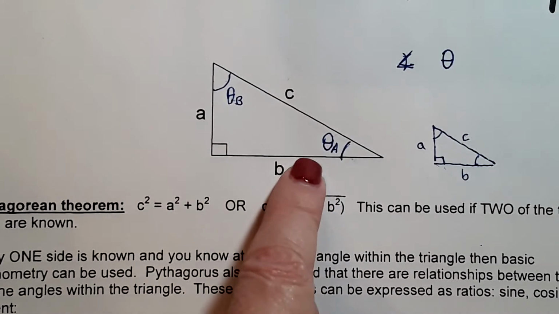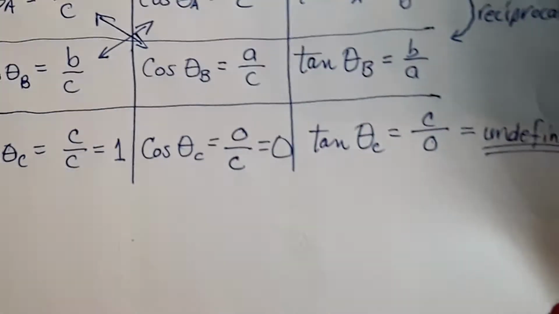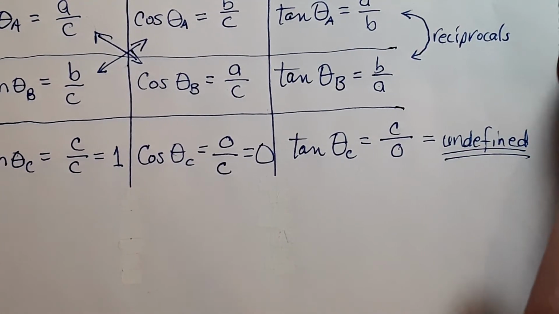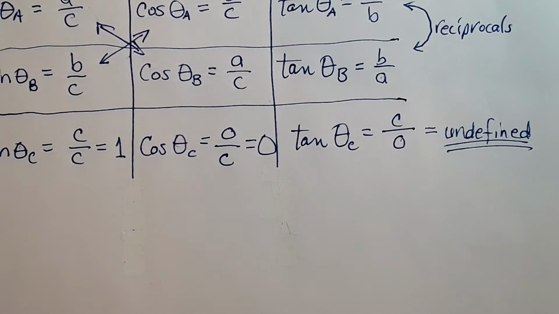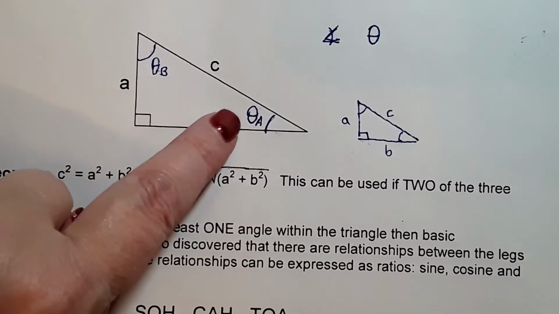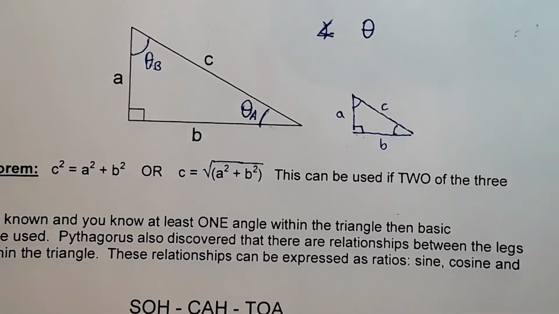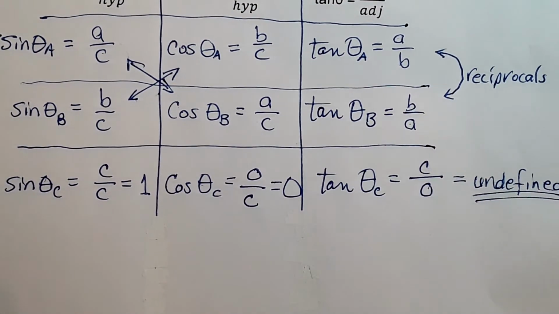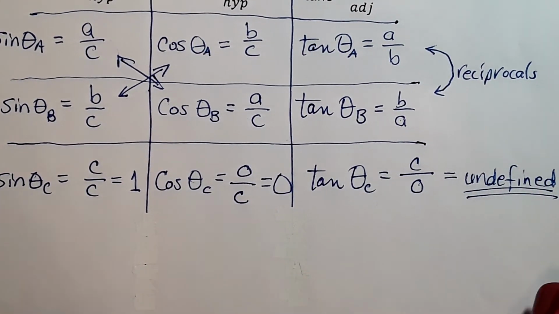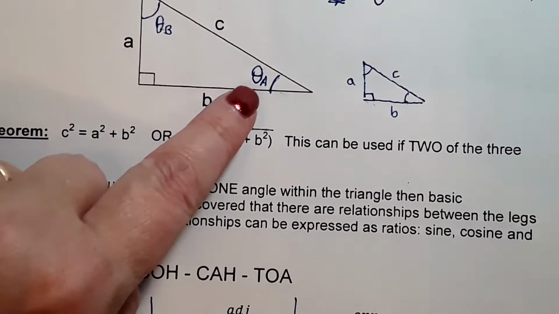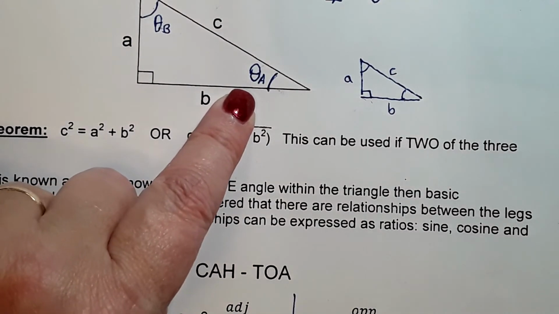But in order to do that, we have to find the angle between the resultant and the horizontal. Now, how do we do that? Okay, we're going to use theta A as our example. Suppose that you want to find the value of theta A right here as the direction of your resultant.